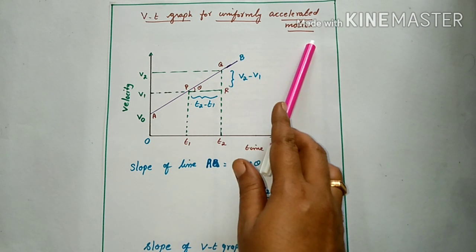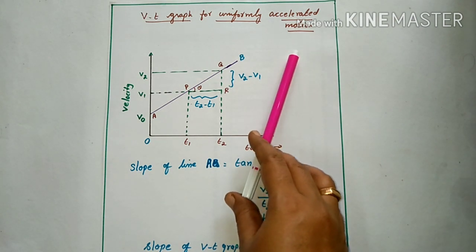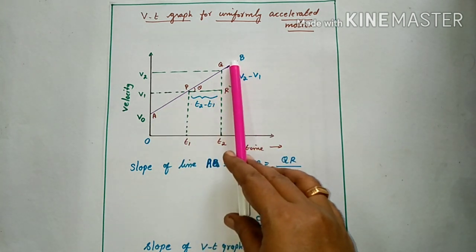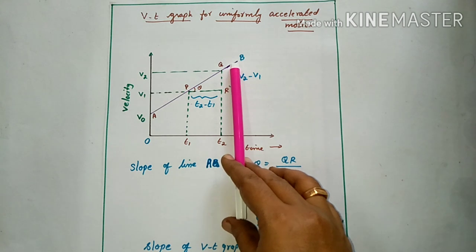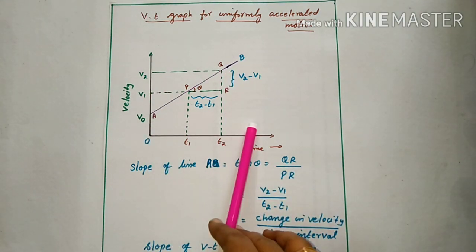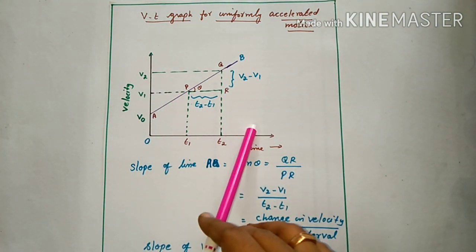V-t graph for uniformly accelerated motion. When a body moves with a uniform acceleration, its velocity changes by equal amounts in equal intervals of time. So the v-t graph for uniformly accelerated motion is a straight line inclined to the time axis.